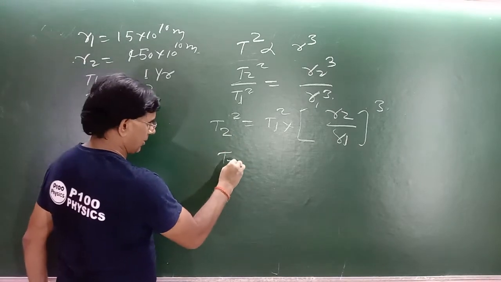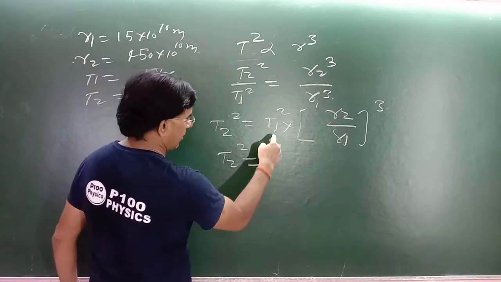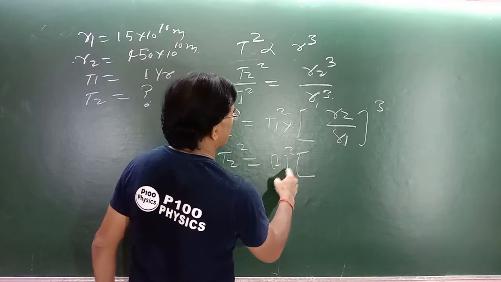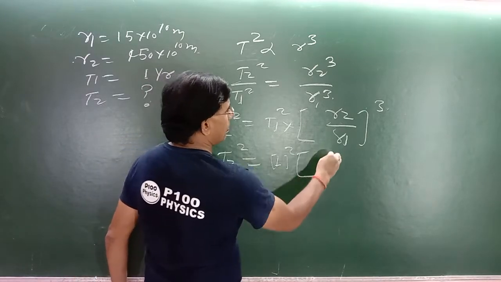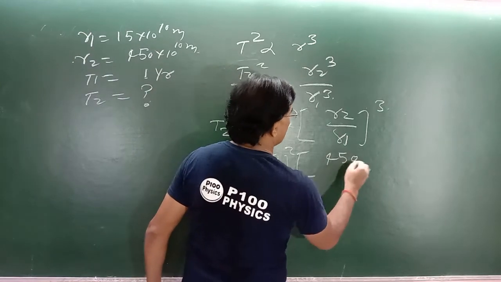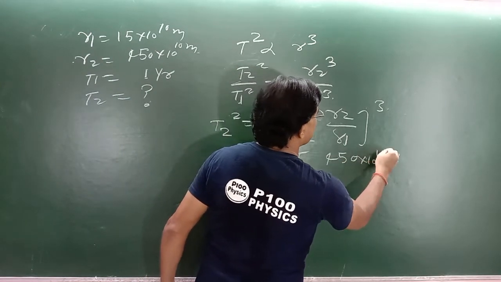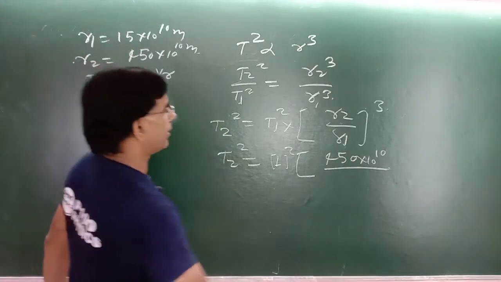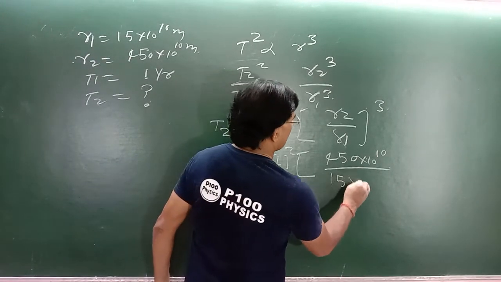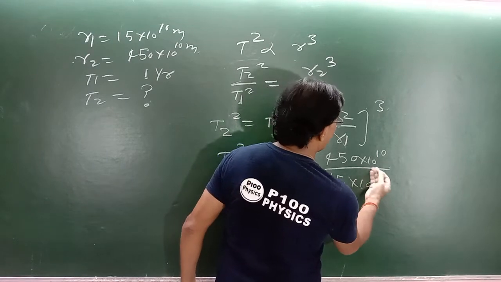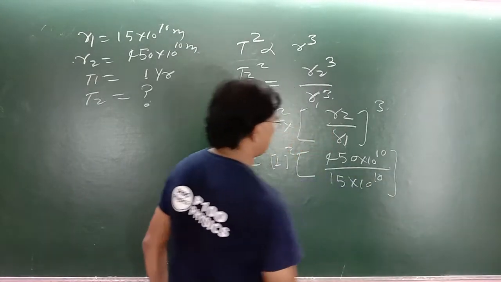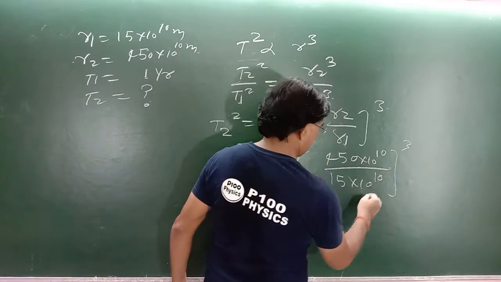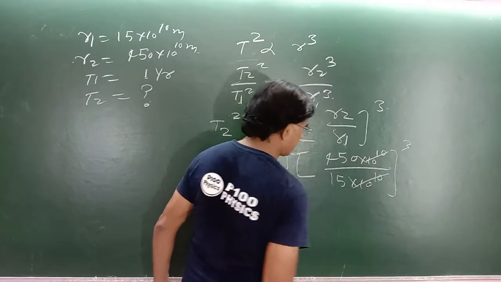Putting the values, T2 square equals 1 year squared into 450 into 10 power 10 upon 15 into 10 power 10, and the 15 into 10 power 10 cancels.